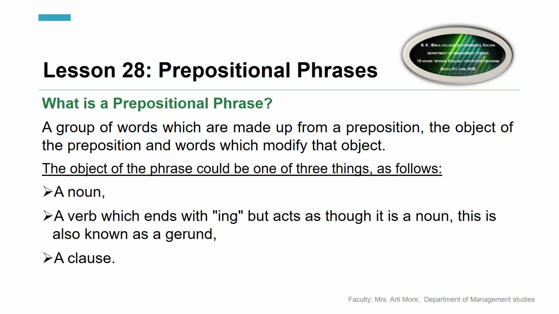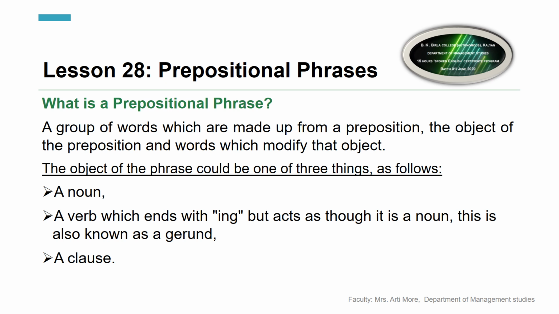When we are talking about a prepositional phrase, we are referring to a group of words made up of a preposition, the object of the preposition, and the words which modify that object. In most instances, the prepositional phrase is used to modify either a verb or a noun.